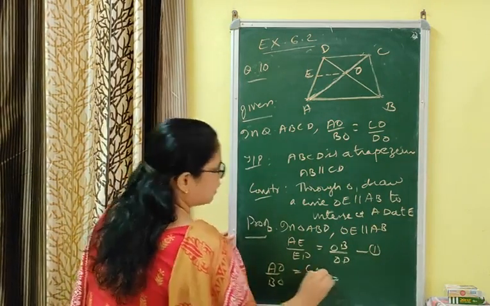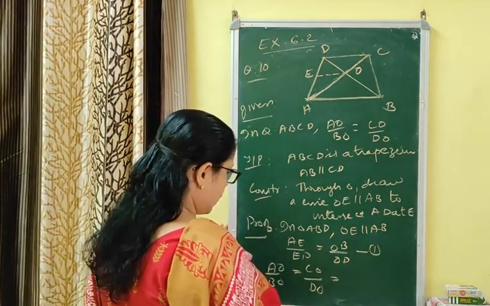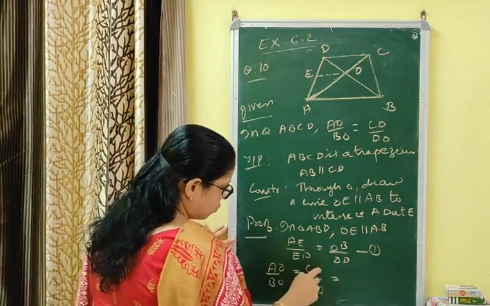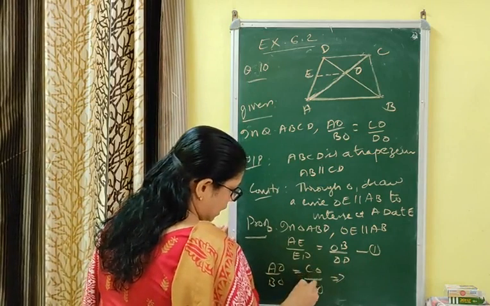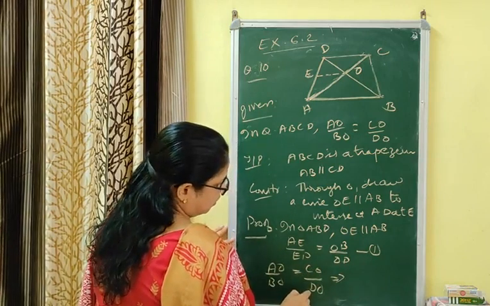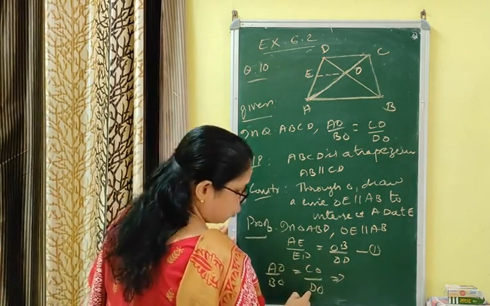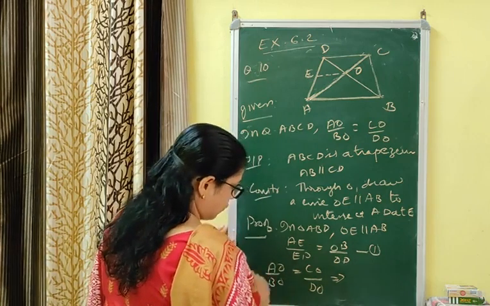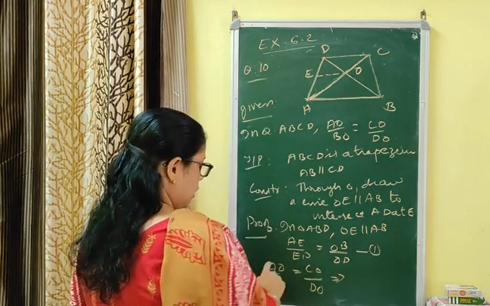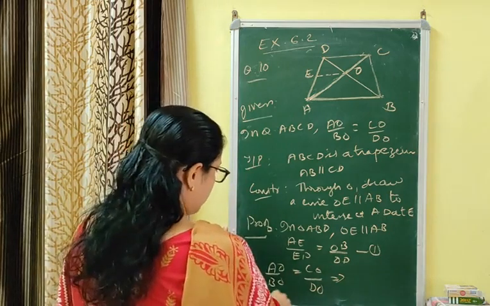We have to adjust this a little because you have OB by OD. By transferring BO to the right side and the other term to the left side, what will you get? AO, you are given OB by OD.